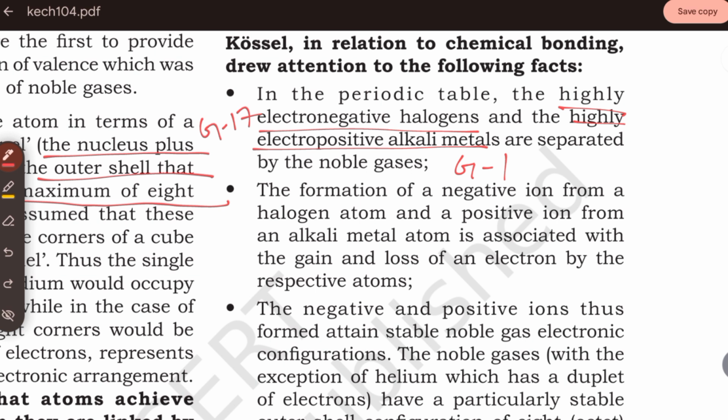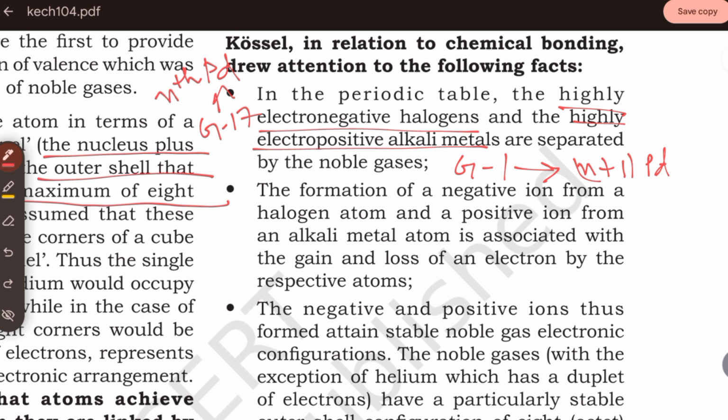That means one period to another. If this is my nth period, then the other is the n plus 1 period, the next period, or I can talk about n minus 1 period. They are separated by noble gases.